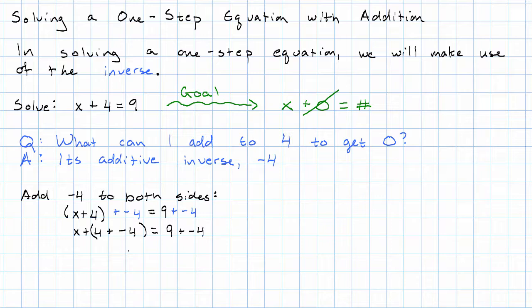On the left we'll have x plus 0, or just x. On the right, 9 plus negative 4, thinking of that as 9 minus 4. We get x equals 5.